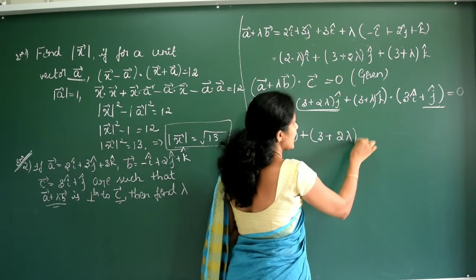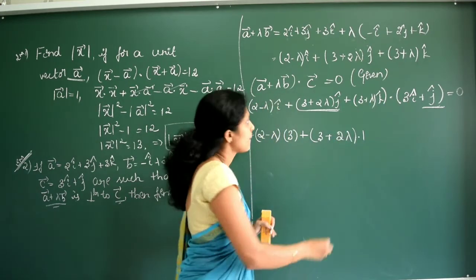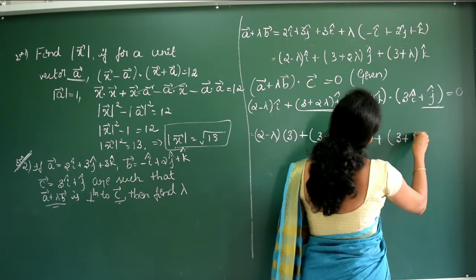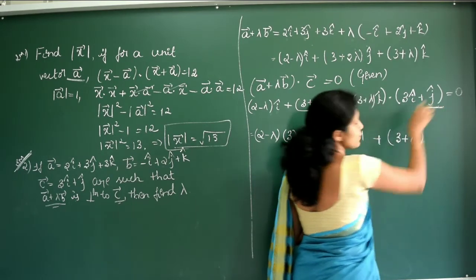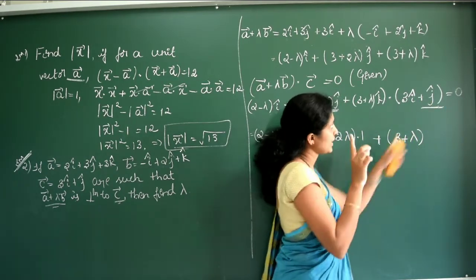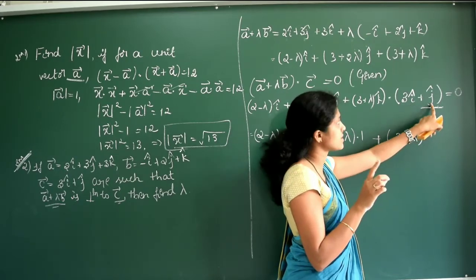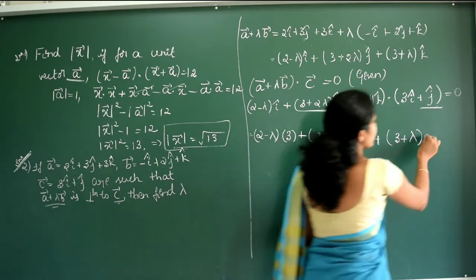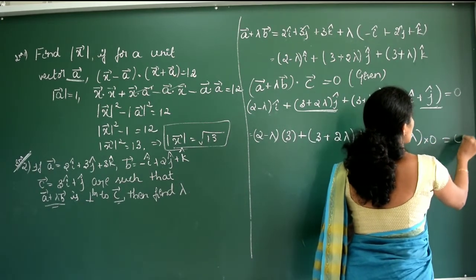Plus there 3 plus lambda k, so lambda into coefficient of k will be 1, right? Here nothing is there. 3 i cap plus j cap, I can write plus 0 k cap. So you have to multiply that with 0. So this is equal to 0.